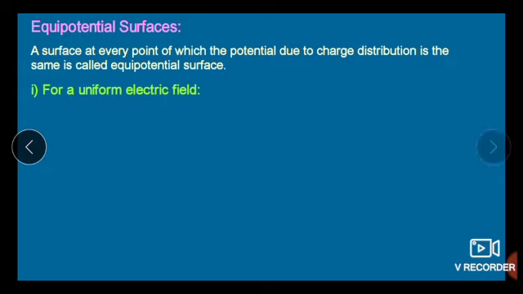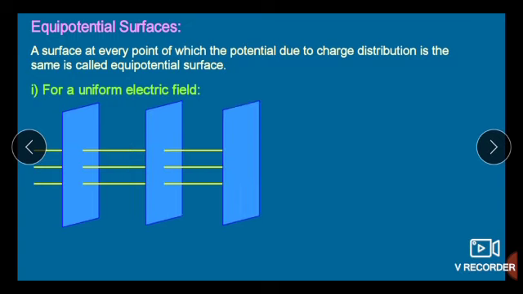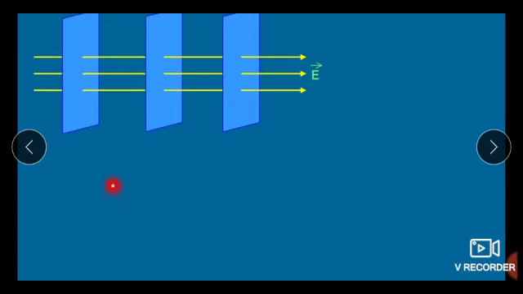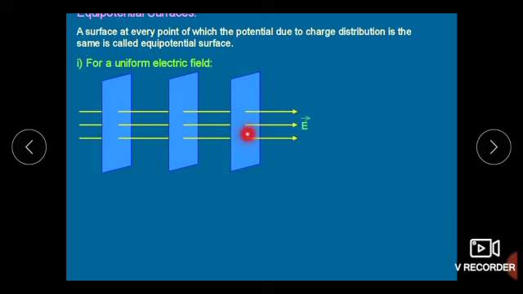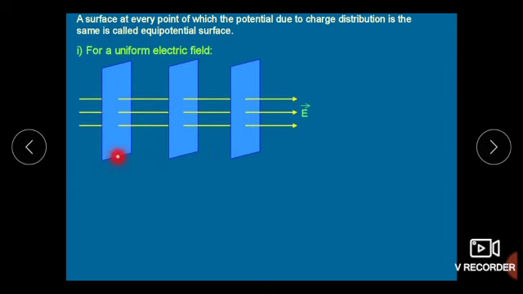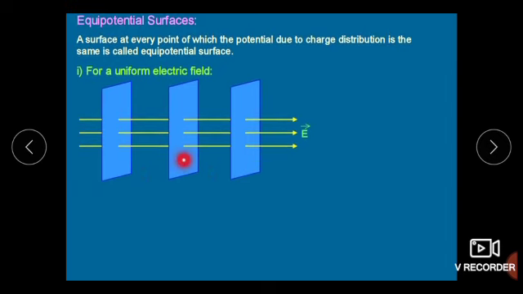For a uniform electric field, this is the equipotential surface, this is the equipotential surface, and this is the equipotential surface. But for a field gradually decreasing as we move away, the potential at this point and the potential on this surface are not equal. Okay.